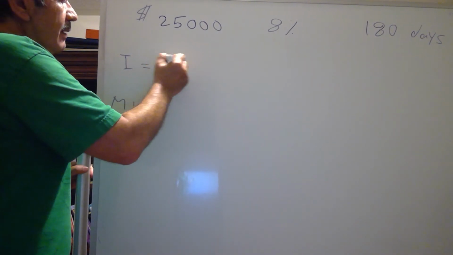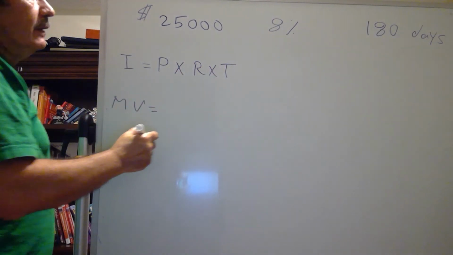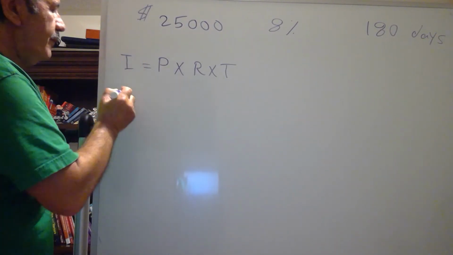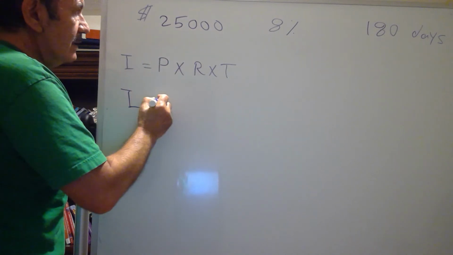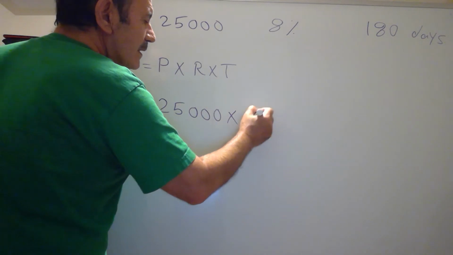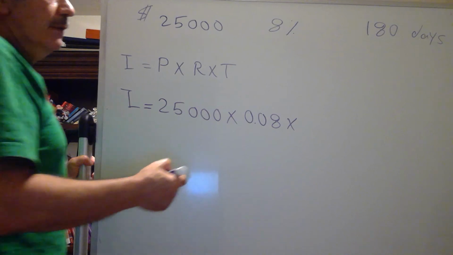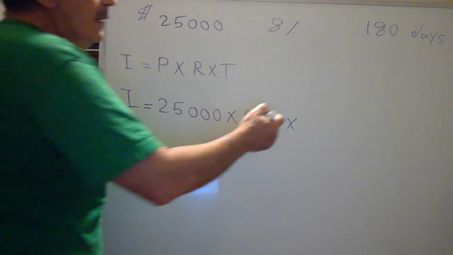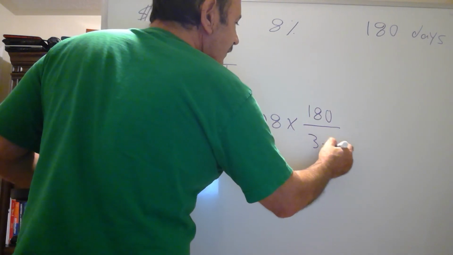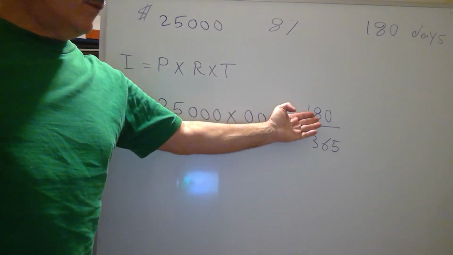Interest is principal multiplied by rate multiplied by time. In this example, principal is $25,000, the rate is 8% or 0.08, and the time is 180 days. Because the time should be per year, I should write it as 180 out of 365 days. 1 year is 365 days, and we are borrowing for 180 days.